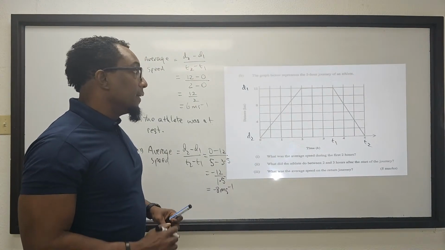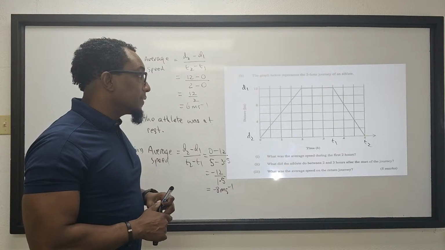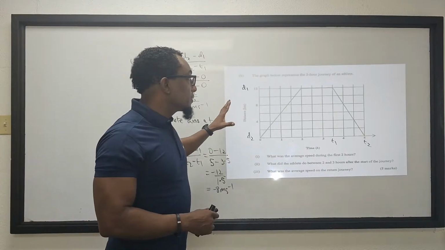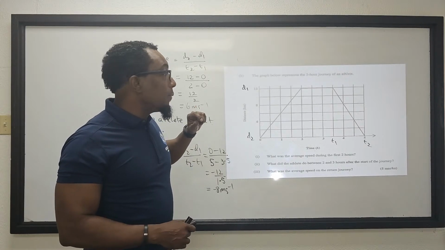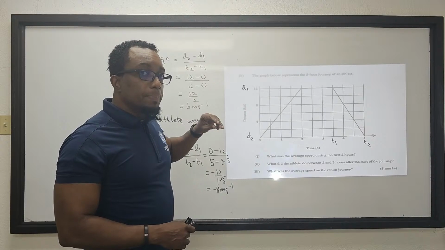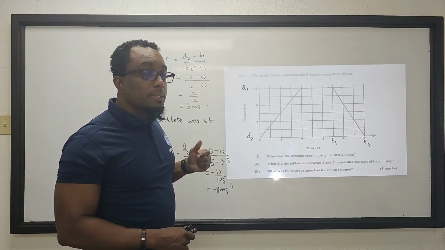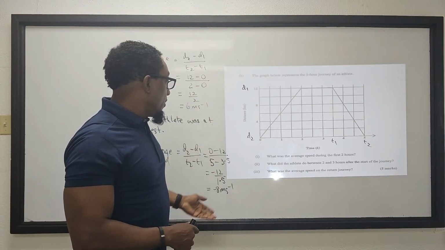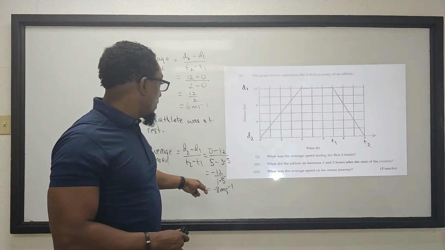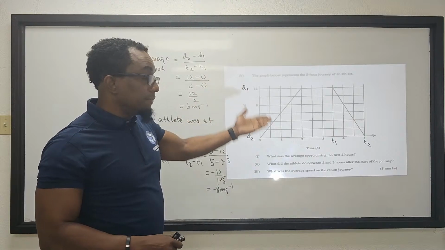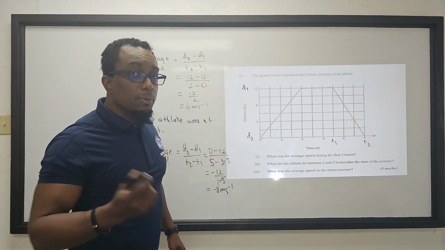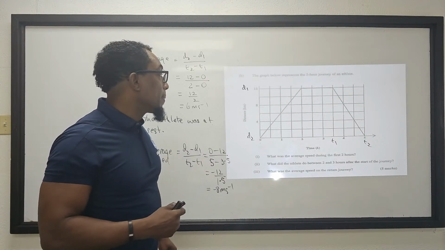But I want you to always keep this in mind when it comes to distance time, because distance is a scalar quantity. Alright? Distance and speed are always positive. The result is always positive. So for the average speed on the return journey home, even though we worked out the average speed to be negative because it's a left-hand slope, we have to state the result as a positive result.